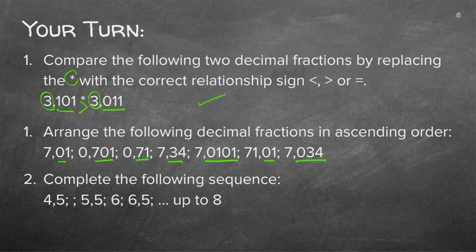So remember, the golden rule is to try and make the number of digits the same. So let's go. We're going to have 7.0100.